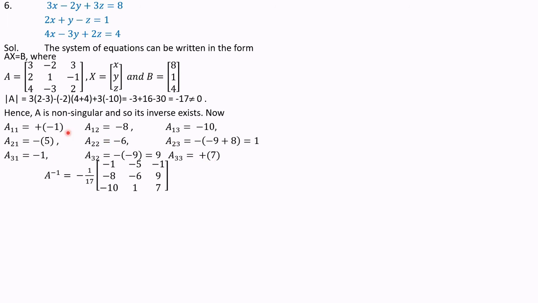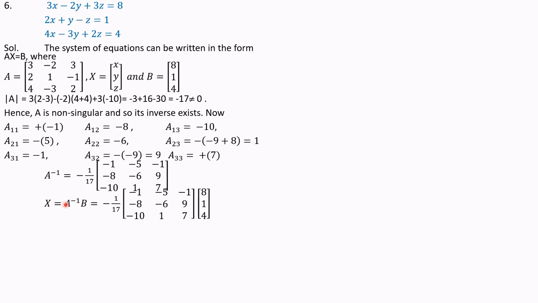So we have written minus 1 here, minus 8 in the column and minus 10. We have skipped one step, but you write it meticulously. So minus 5 is the second column: minus 5, minus 6 and plus 1 here. And the third row, minus 1, 9 and 7, are coming in the third column. So that is A inverse.